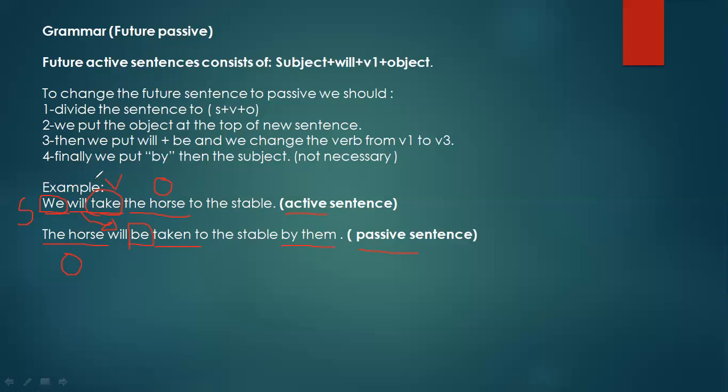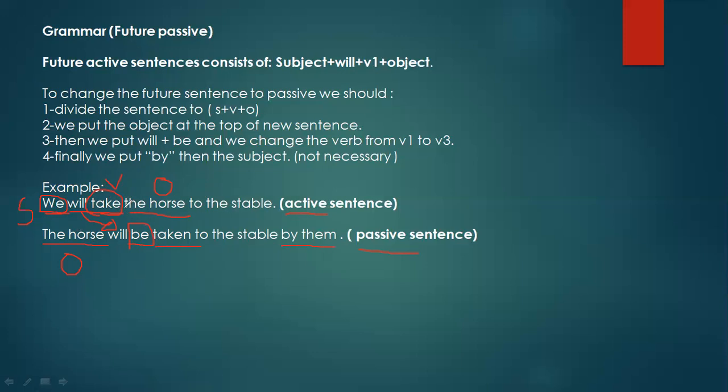Then I put the verb will take. First I put will, then I put be, which is obligatory.